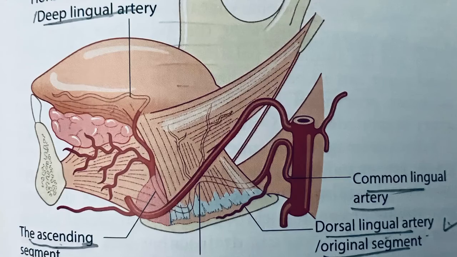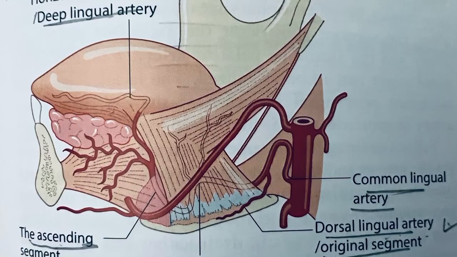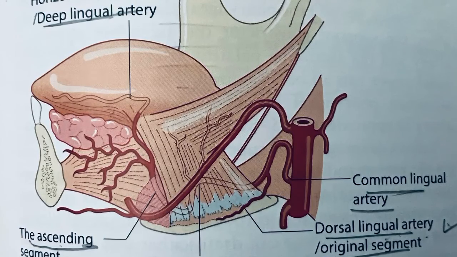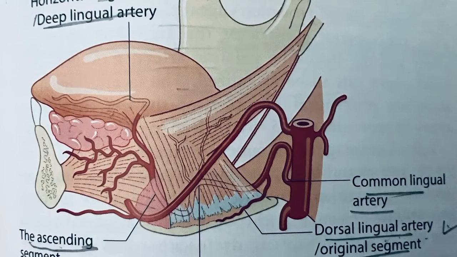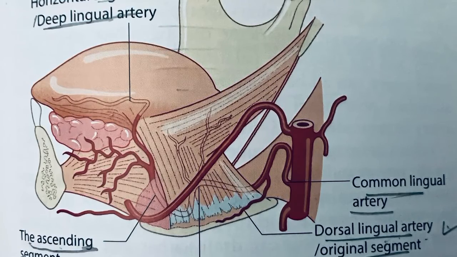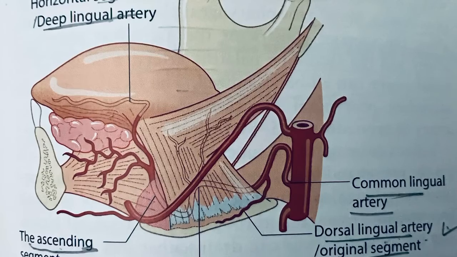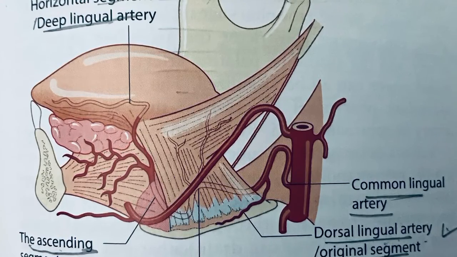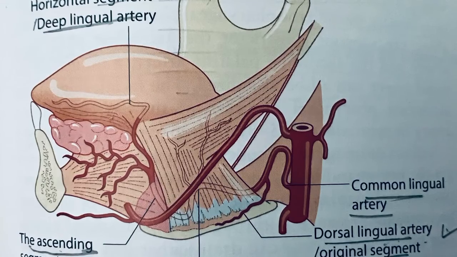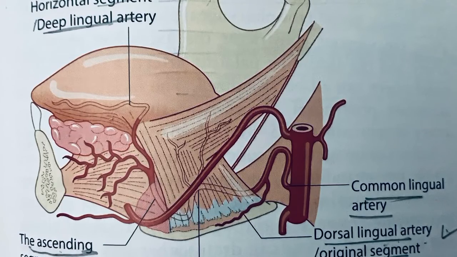Second segment is the segment within the hyoglossus, which passes obliquely from posterosuperiorly to anteroinferiorly under the posterior border of the hyoglossus muscle and medial to the hypoglossal nerve, which enters the intrinsic muscle of the tongue and runs lateral to the genioglossus.